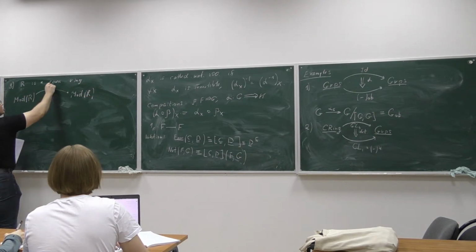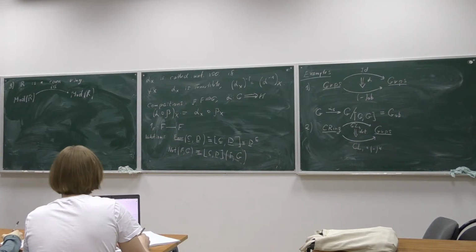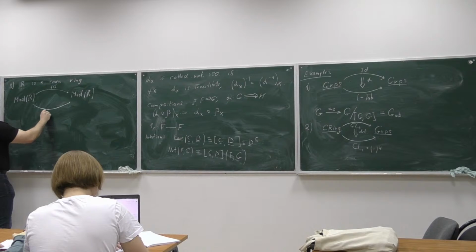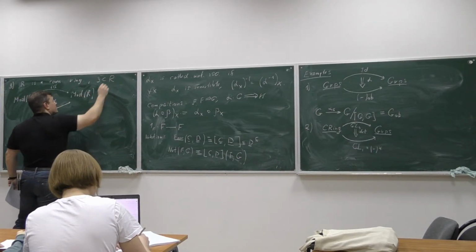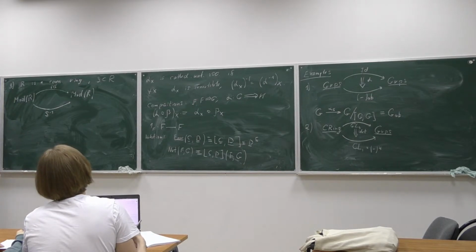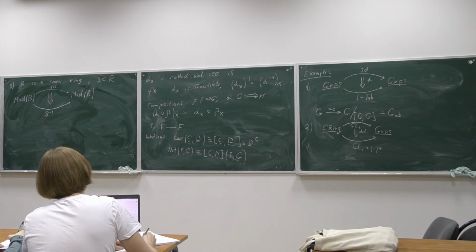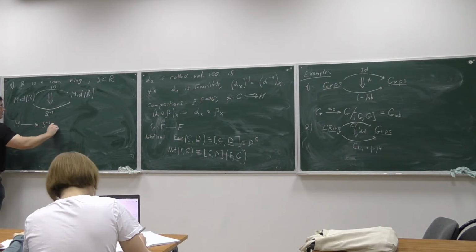As before, one is the identity functor, we can write just 1, and the second functor is the localization functor. Here S is some multiplicatively closed subset of R. So here we have a natural transformation, and this natural transformation is just a map from the module to the localization of this module.